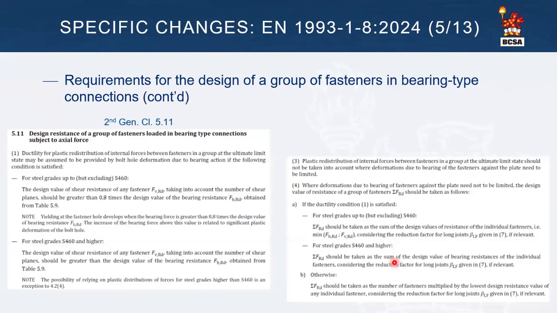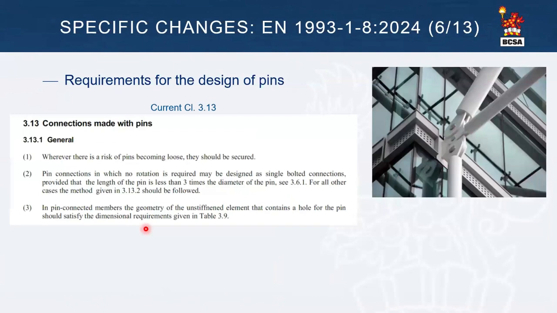In the second generation, we've introduced some ductility conditions. Again, don't forget that we've extended now to S700. And the resistance of a group of fasteners will depend on whether that criteria is satisfied or not. So a bit more complexity in these revised clauses.